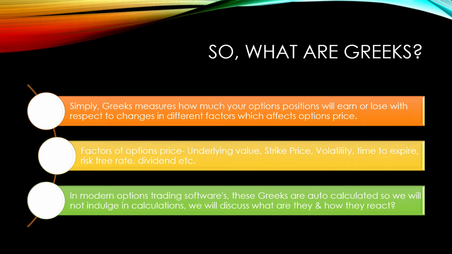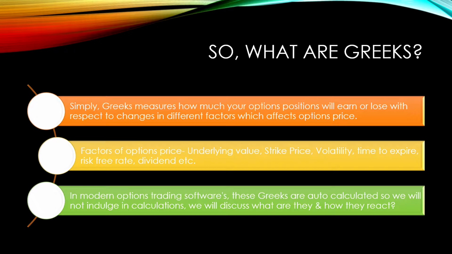You know that option prices are generally derived from the Black-Scholes model. The Black-Scholes model takes 5 inputs in order to derive an option's theoretical value. Basically, there are two values of an option: a theoretical value which is derived from the formulas, and a market value which is derived from the order book, the bid and ask. That is the market price of the option, and there is also a theoretical price of the option which is derived from the Black-Scholes model.